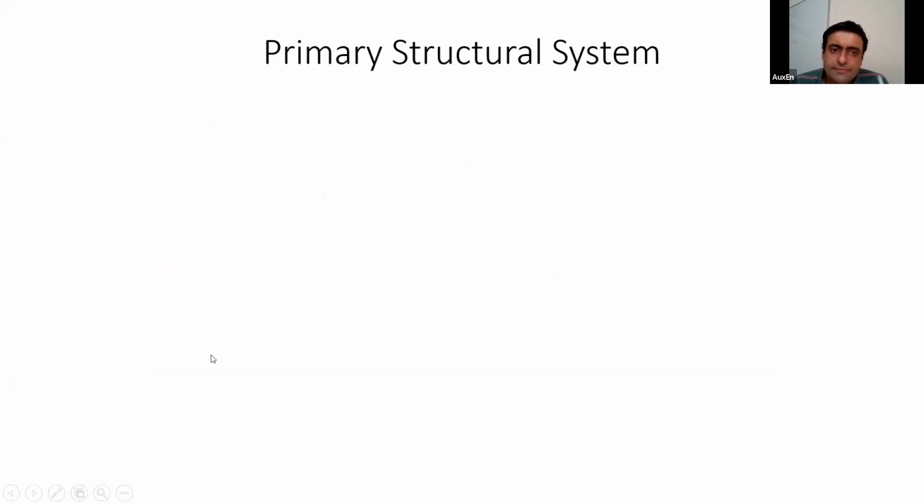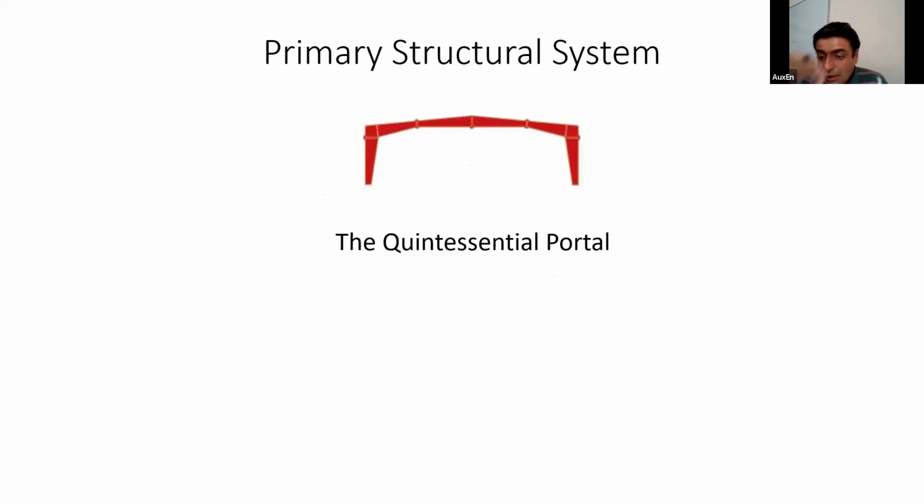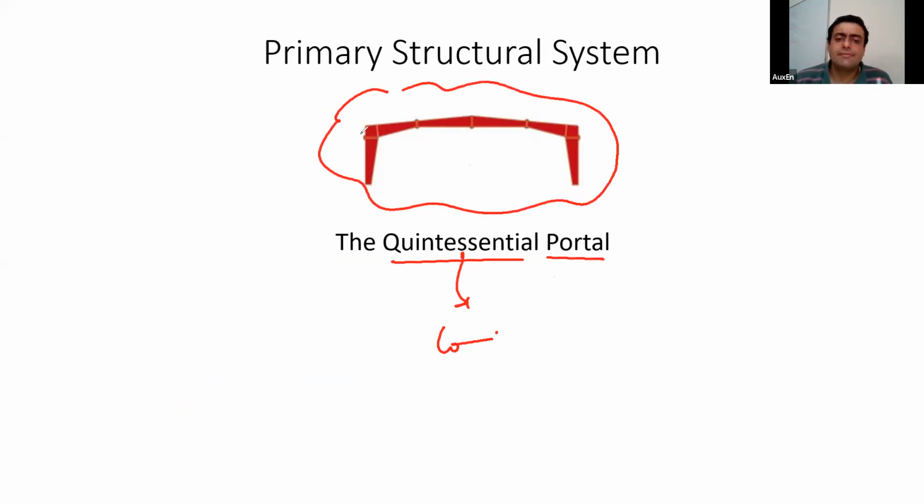Very good. So we come back to this slide that we had discussed. This is your portal. Quintessential means this is the most commonly seen, which is seen everywhere. That is the meaning of this word quintessential. So this is your portal that you will see everywhere. This is your main structural system, and as I just explained, these will be rigidly connected with each other.